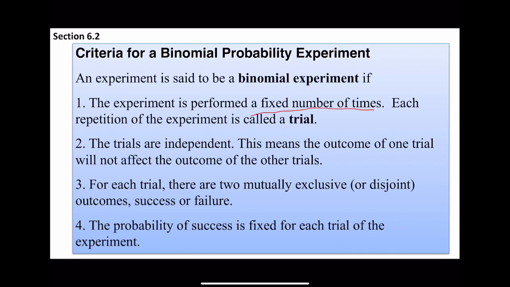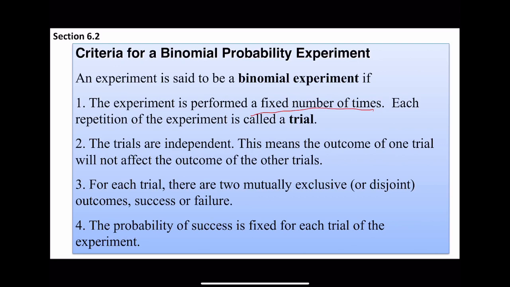So it might say that a die was rolled 20 times, or 15 people were chosen at random from a certain population.